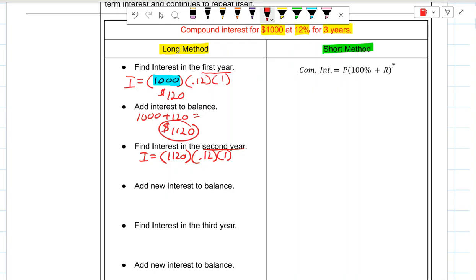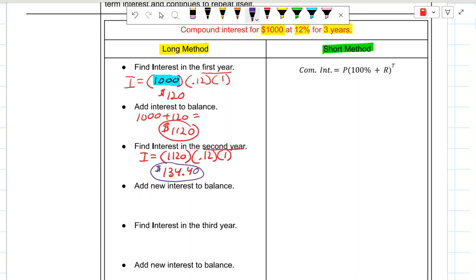So you multiply all of those, and you get 134.4. There's a number missing, so we add a little 0 for the penny spot. Here's your new interest on your second year. It's a little bit more than the first. It was 120, now it went up because your balance is increasing. Okay, add new interest to the balance.